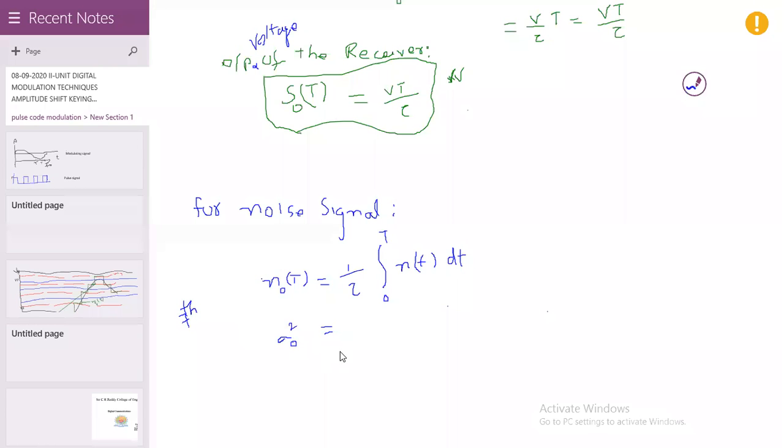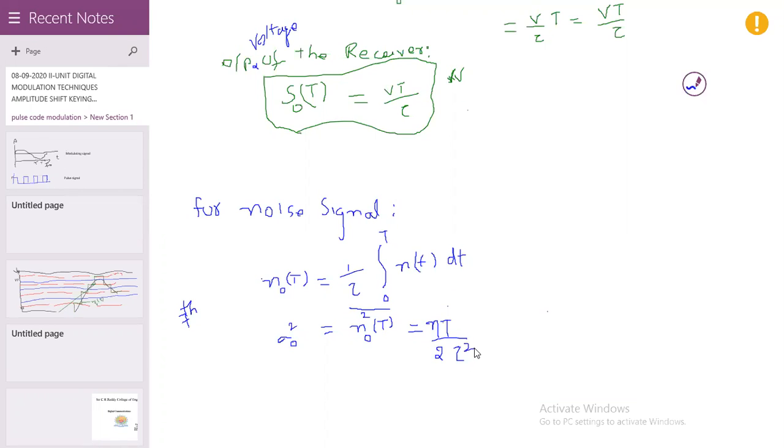So sigma naught square is equal to the mean of n naught square of t, which is equal to eta into t by 2 tau square.